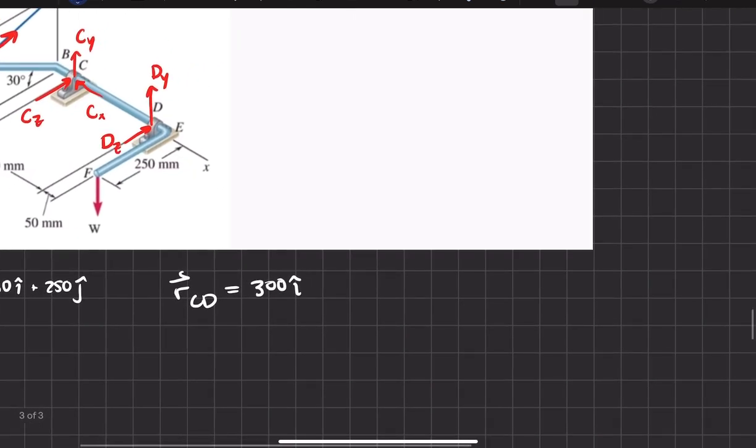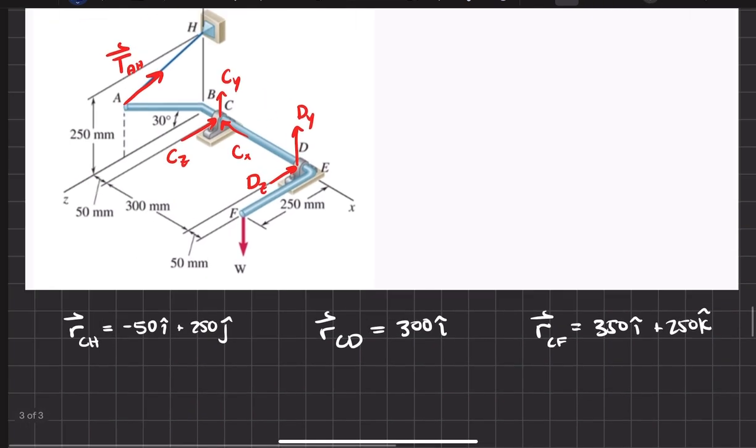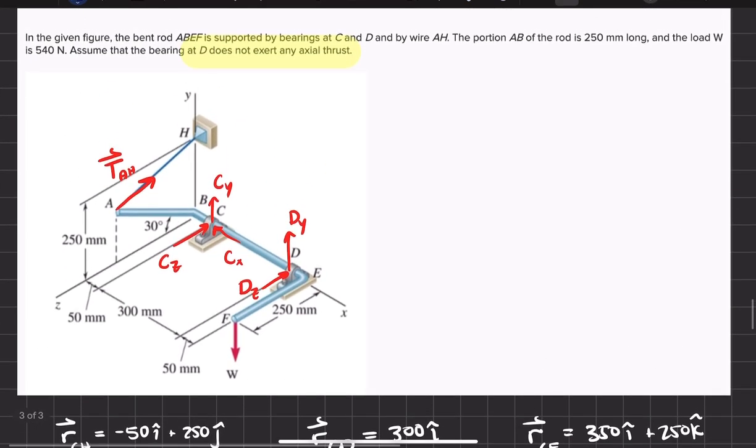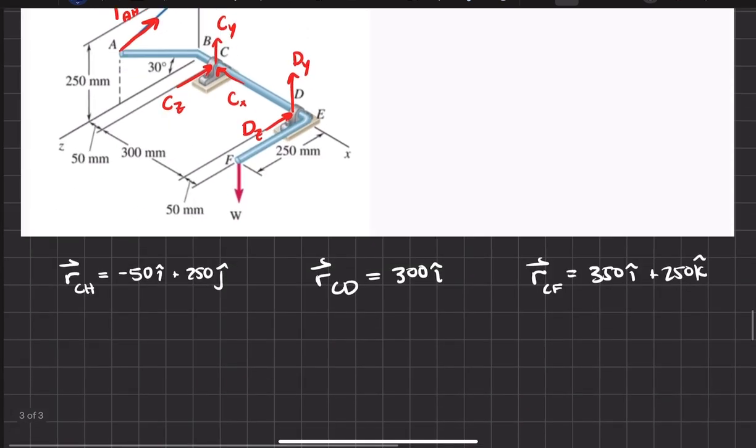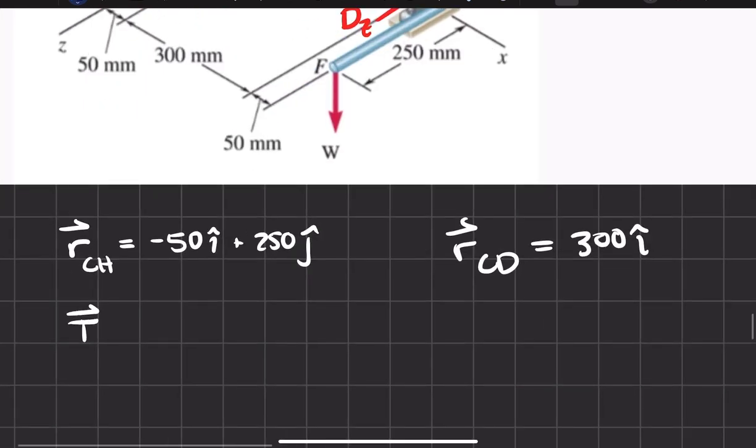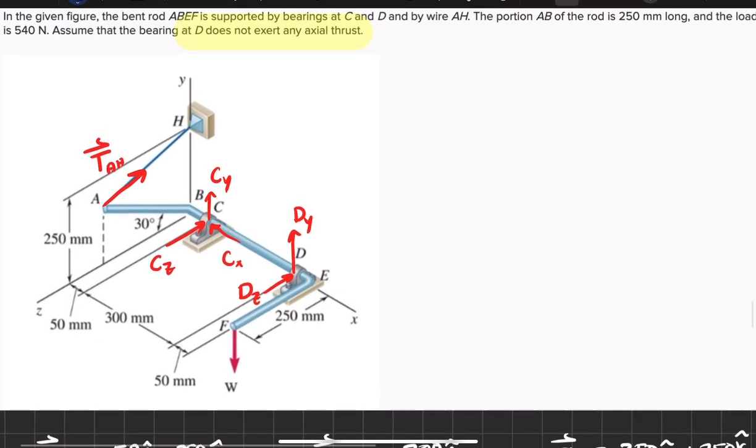And we have our position vector from C to F, which is equal to 350i plus 250k. If you want to go ahead and check those values, you can. Remember that the tension from A to H is equal to the magnitude times the unit vector from A to H. So you'll also need those components as well.